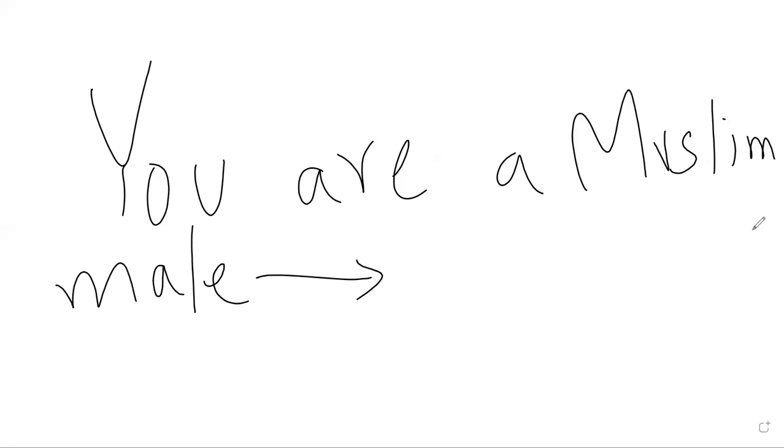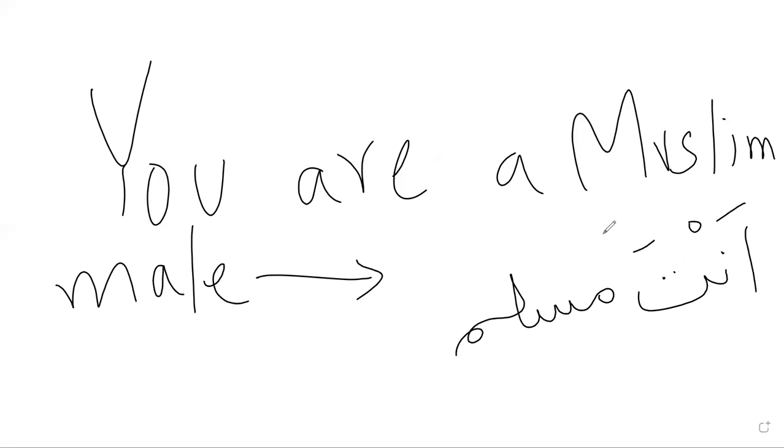Okay, so now let's move on to the other personal pronouns. So next we have anta and anti. It's very simple. If you want to say you are a Muslim, and you are talking to a male, you would say anta Muslimun.